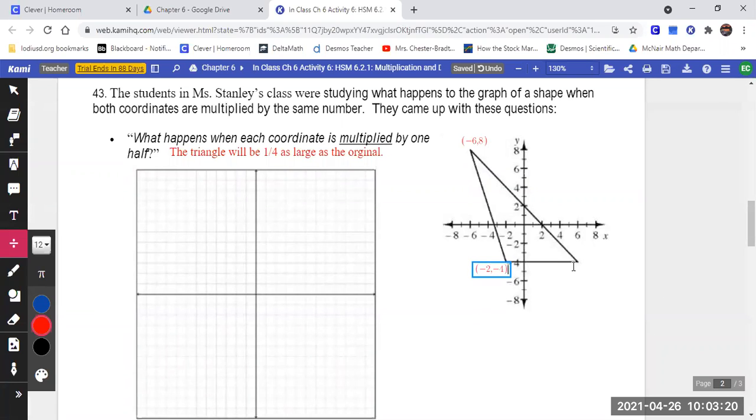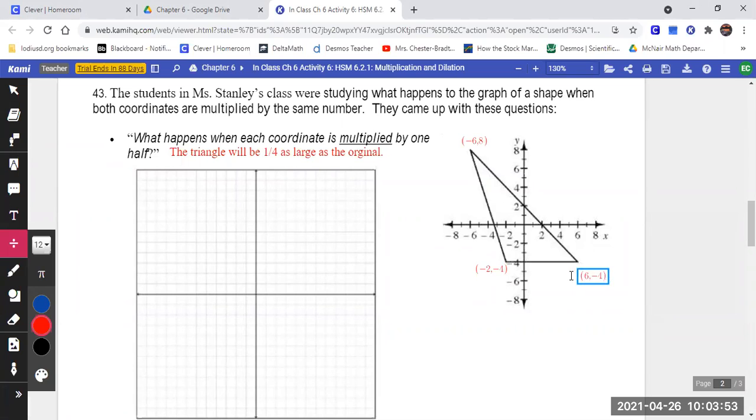Okay, right bottom, what do we get? 6, 4. Let me see. Yeah, but I don't agree with the 4. Oh, 6, -4. Thank you for the fix. 6, -4. All right, so we have our corners.